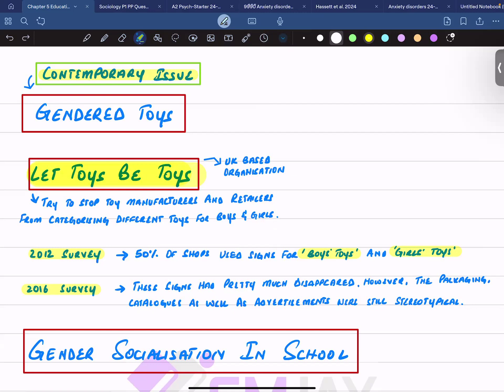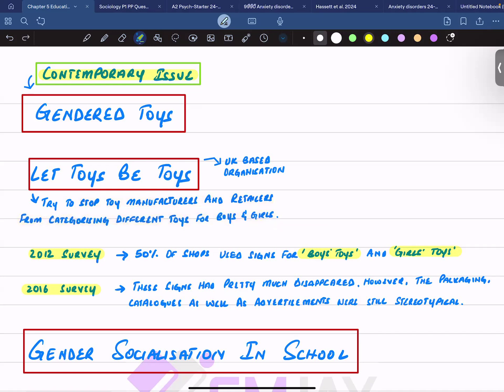Now, this particular organization, like I said, is a UK based organization, and it is trying to stop toy manufacturers and toy retailers from categorizing different toys for boys and girls.